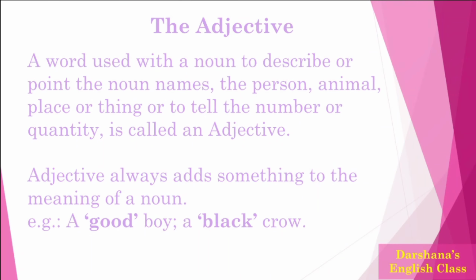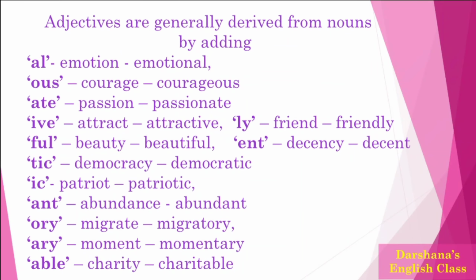So, let's see the other ways how we create adjectives from nouns. Adjectives are generally derived from nouns by adding al, ous, ate, ive, etc. Now again, I have made a list of the words that help us change the noun into an adjective.